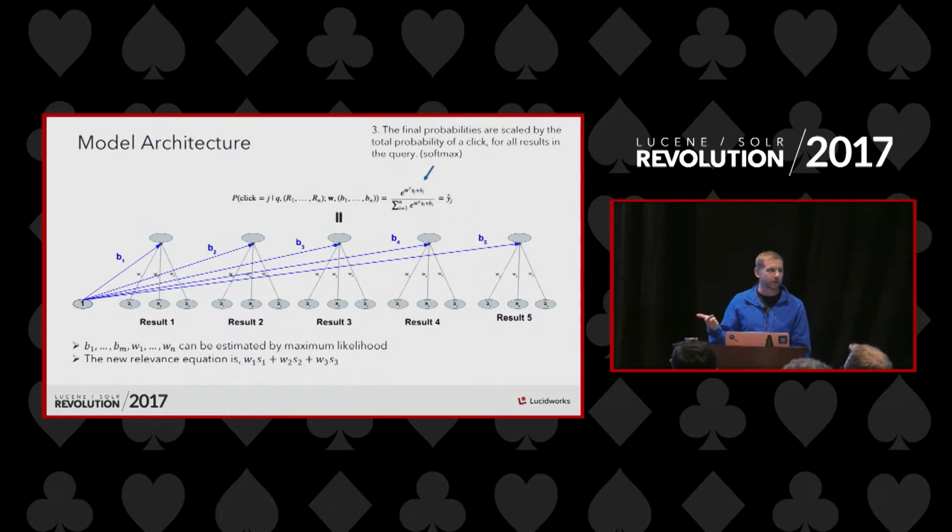We also have real data that tells us whether or not the documents were clicked. And so we use maximum likelihood to figure out the best possible values of not only the positional biases, but also the W1, W2, and W3, which should give us a linear ranking equation. So this guy down here now becomes the new relevance equation.